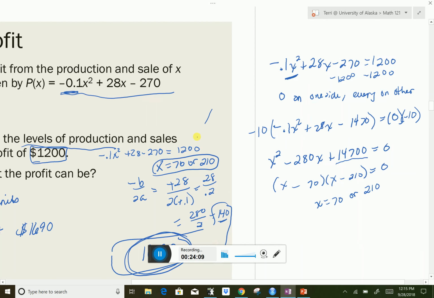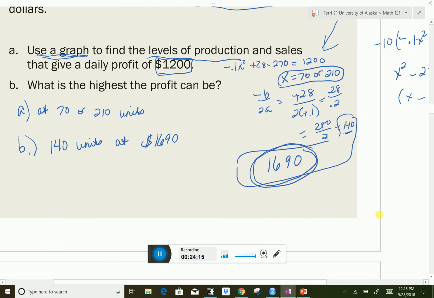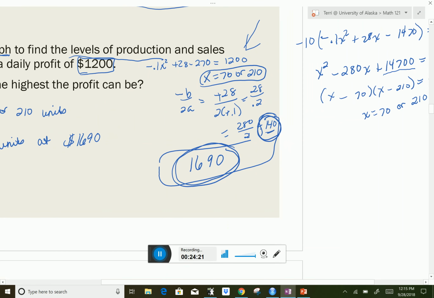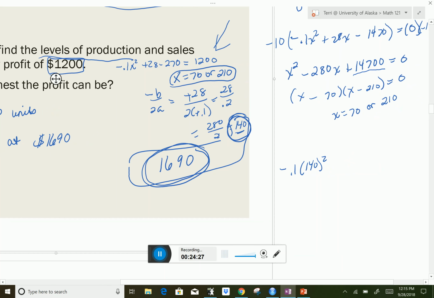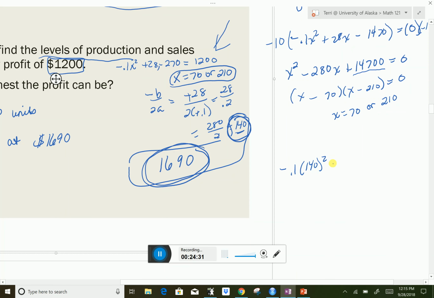So this was a lot easier to do using that calculator and using that technique. And then, of course, to find the profit, we found the number of units that gave the maximum profit, and then we would just have to go by hand negative 0.1 times 140 squared. Forgot my x right there. Plus 28x minus 270.